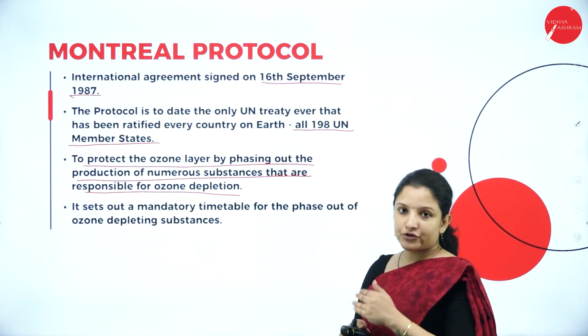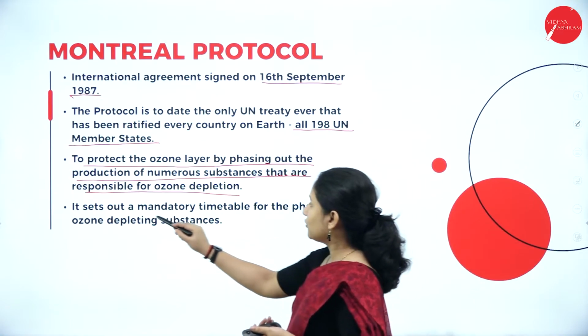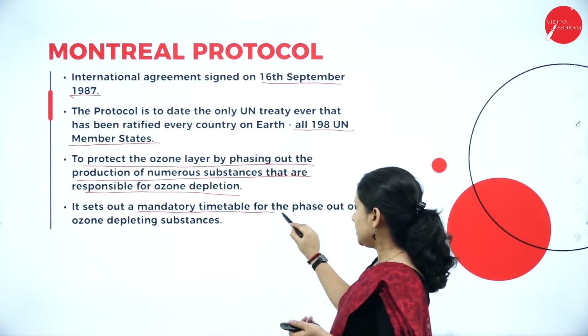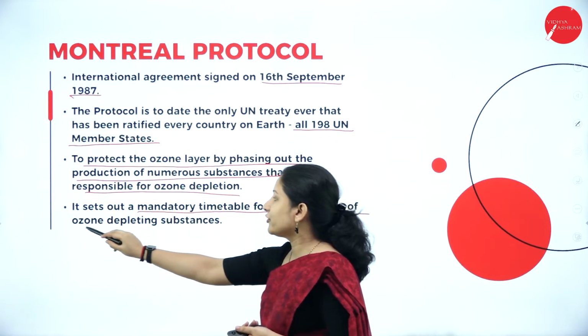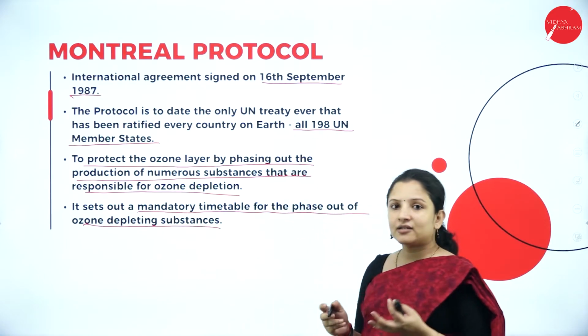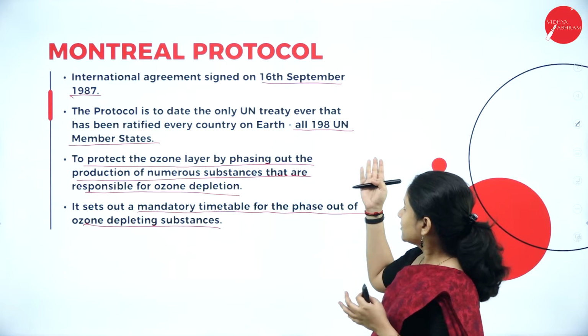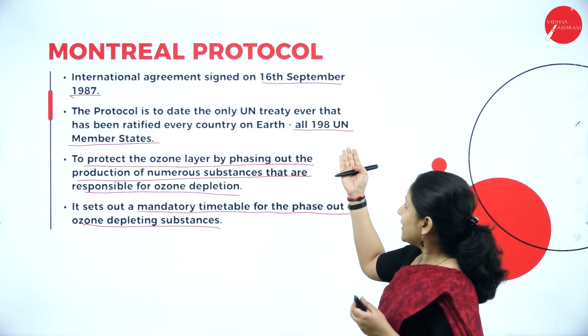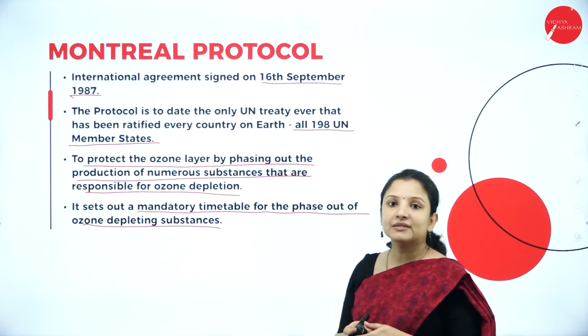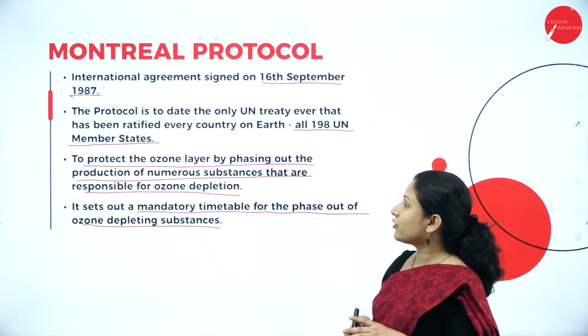The Montreal Protocol sets out a mandatory timetable for the phase out of ozone depleting substances, that is, for whichever nation is participating. I told you 198 United Nations member states are participating in this Montreal Protocol.